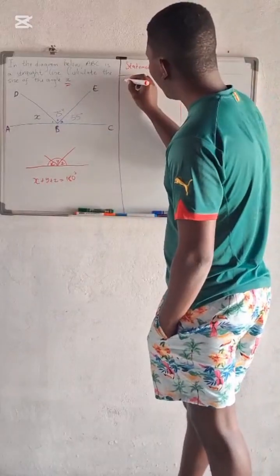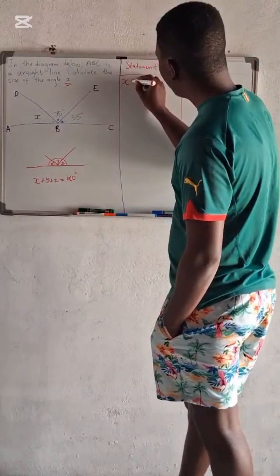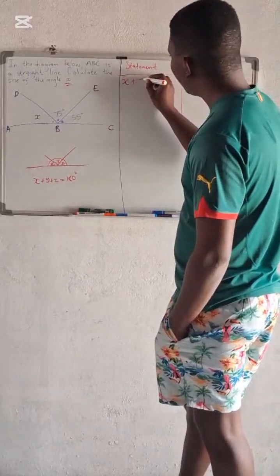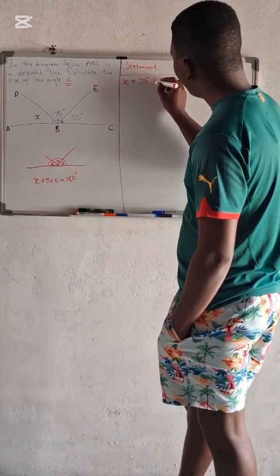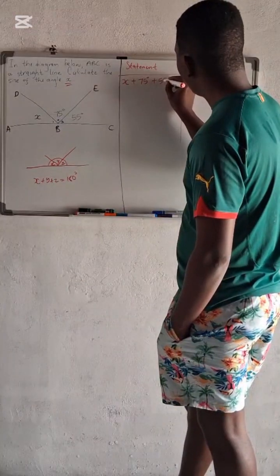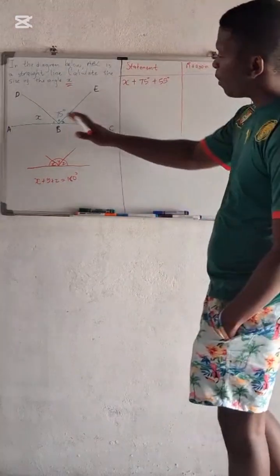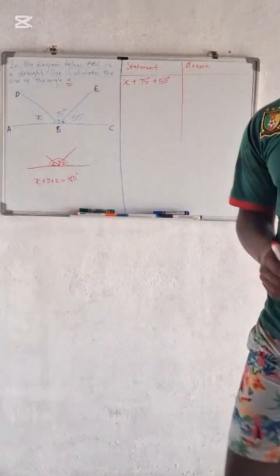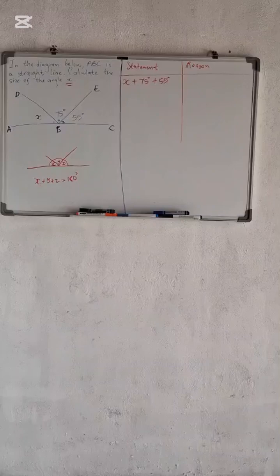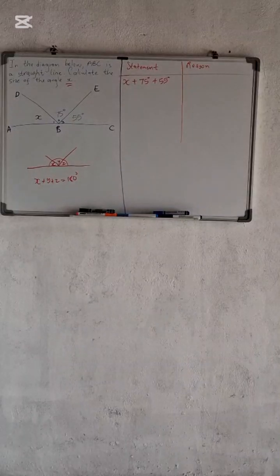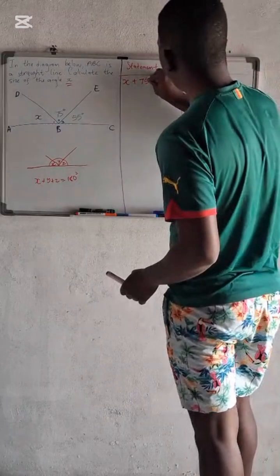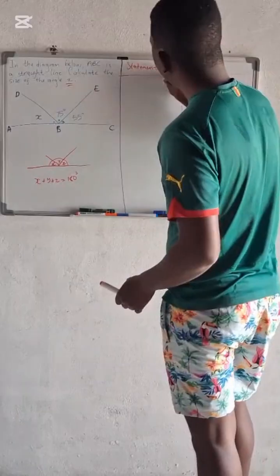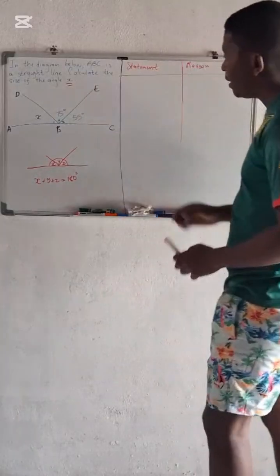So I'm going to start with X plus 75 degrees plus 55 degrees. I'm not going to call these angles, but you can do that. Let me show you. You can do that. Let us do it that way so that you don't say, Mr. Ngobese didn't teach me this and that.